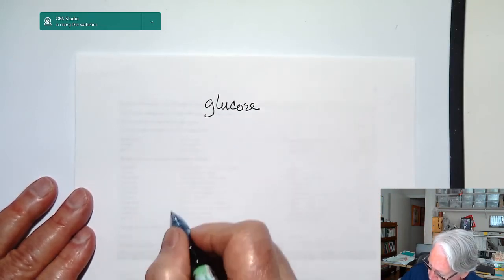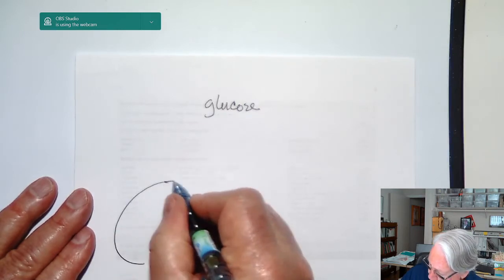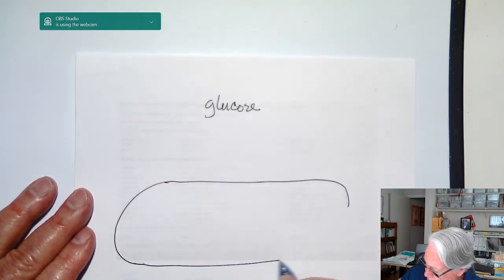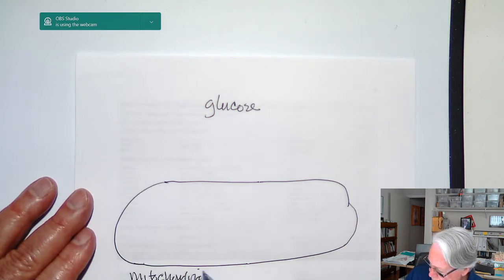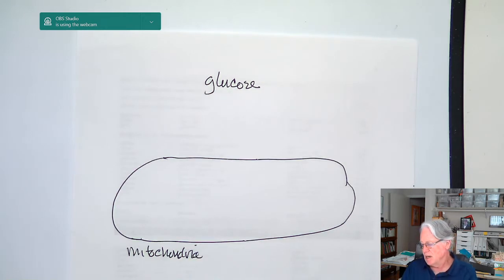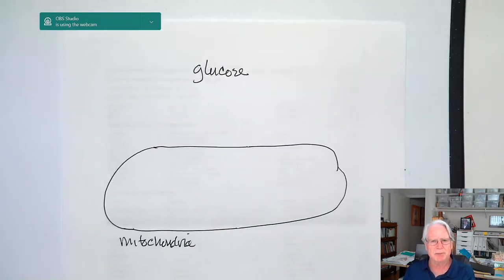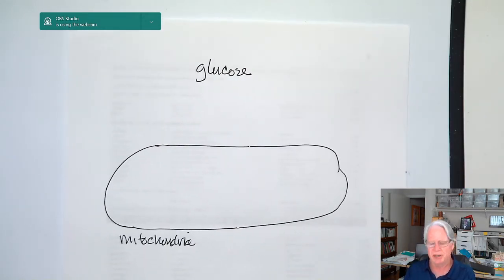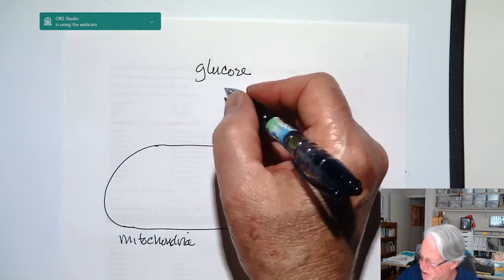So I'm going to draw a mitochondria here. So this is my mitochondria. And so what happens, and I'm simplifying this pathway to an extreme degree just so that we can understand the process. We don't need to understand the details.